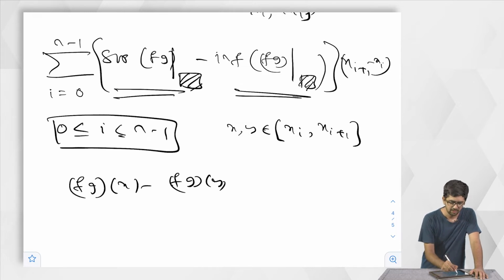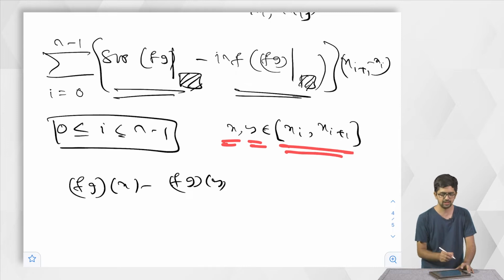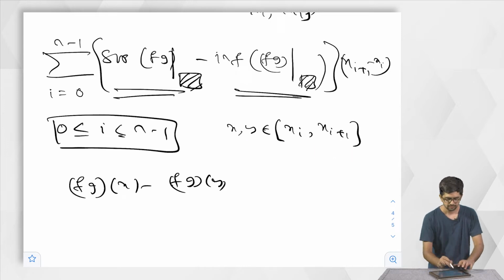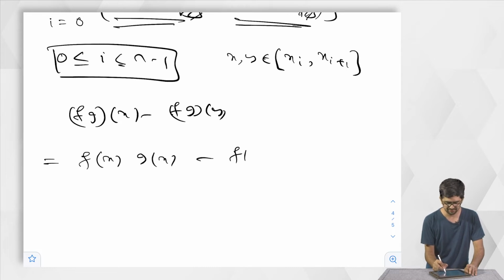That is what it is, right? The supremum of fg restricted to the interval minus the infimum of fg restricted to the same interval. So for that we took two elements in this interval, and we are trying to see what happens. This is equal to f(x)g(x) minus f(y)g(y).